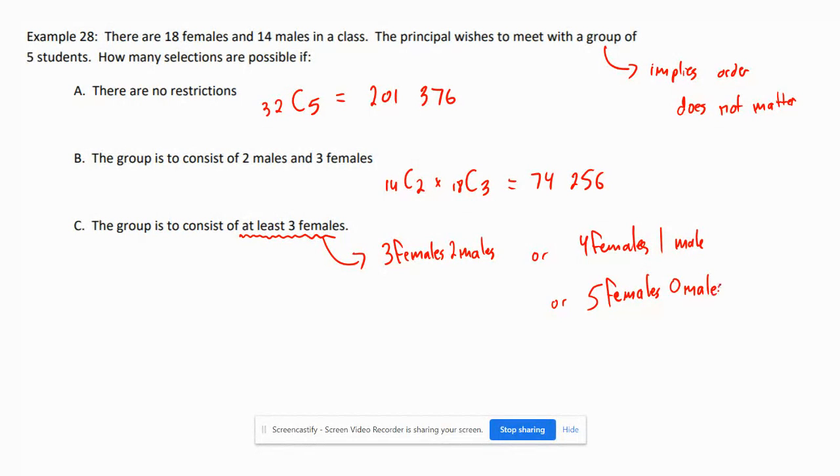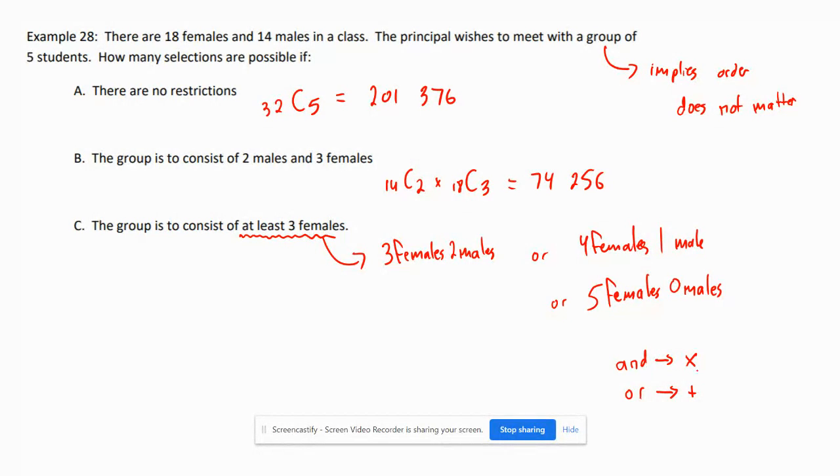Okay. A little trick to this unit, guys. The word and means multiply. The word or means we add.